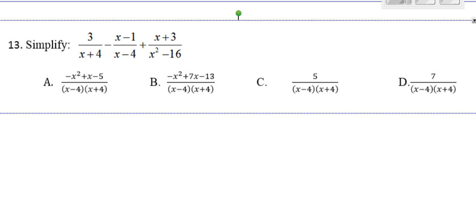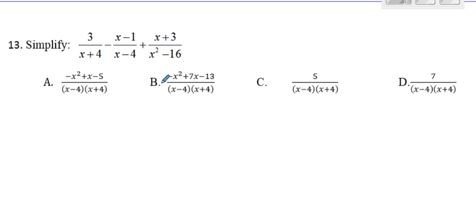So for these, similar to what we've done before, earlier in this review, you're going to find the common denominator and multiply everything by that common denominator. So x plus 4 times x minus 4 gets you x squared minus 16. So that's our common denominator, x plus 4 times x minus 4.